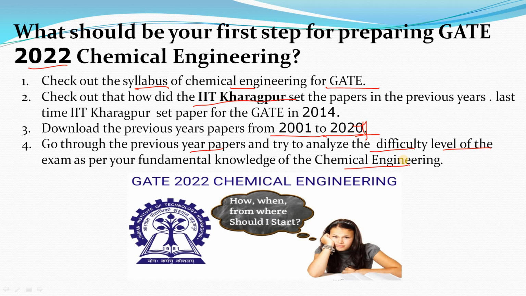Just see the previous year papers, check out the theoretical questions as well as numerical problems, then analyze as per your knowledge the difficulty level of that paper. It will tell you how much hard work you have to do. You do not have to touch a pen and pencil to solve the problems. You just have to go through the previous year papers. It will tell you what GATE is.